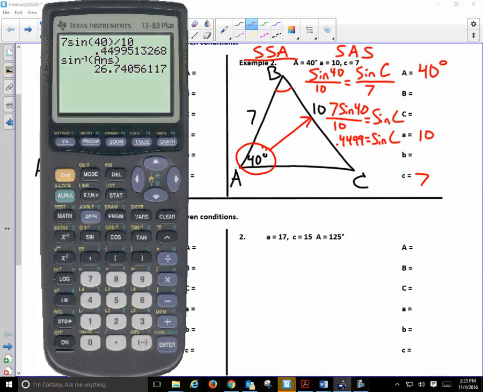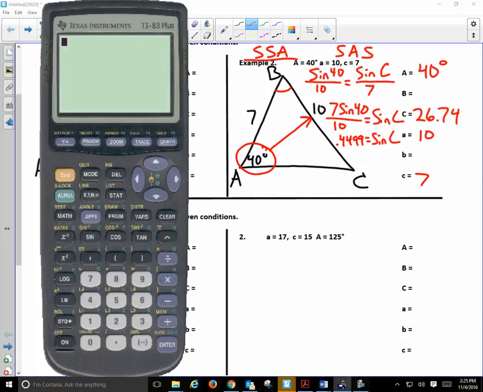And it gives me 26.74. So I know angle C is 26.74. Second sine, and I put that in. Yep, exactly.